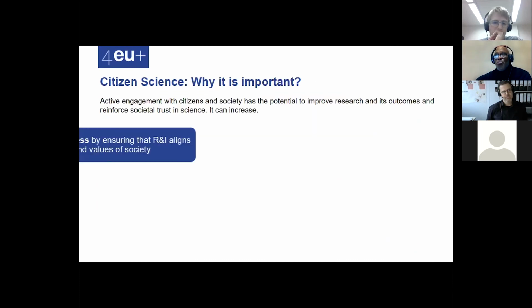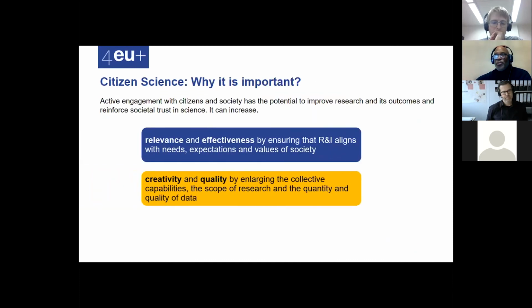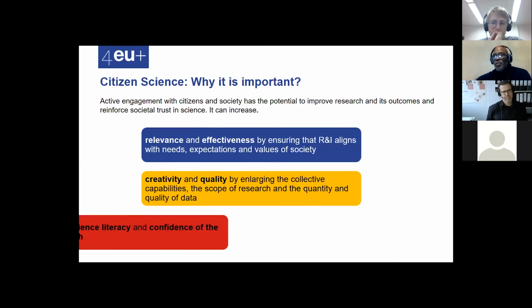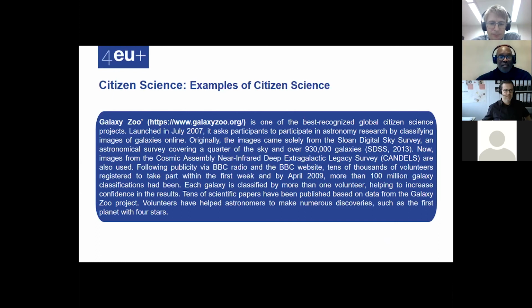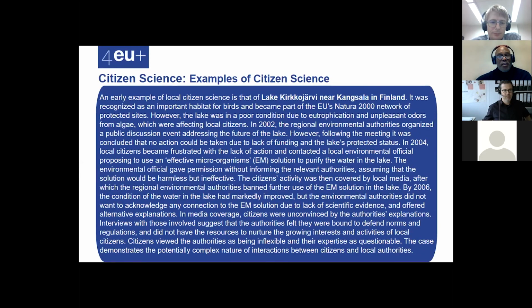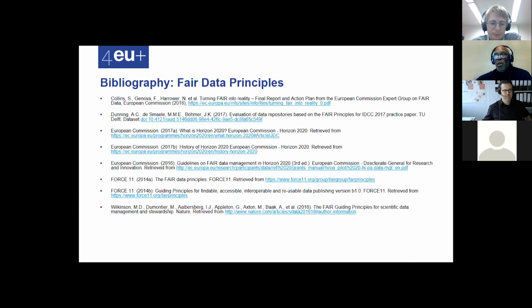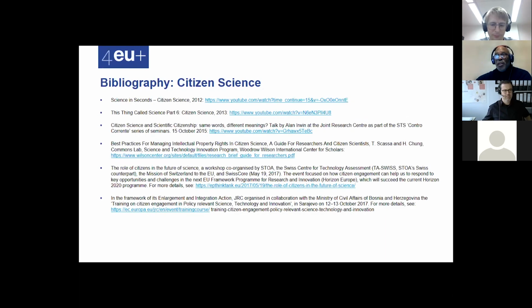And I also provide why it's important: the relevance, effectiveness, the creativity and quality, transparency, science literacy, and confidence in public research. And I provide 3 examples of citizen science that can be read at your leisure. And then lastly, I provide the bibliography links to the FAIR data principles and bibliography to citizen science.